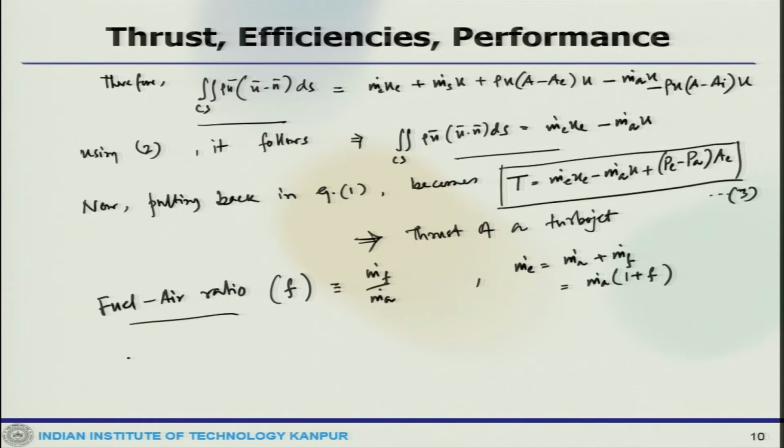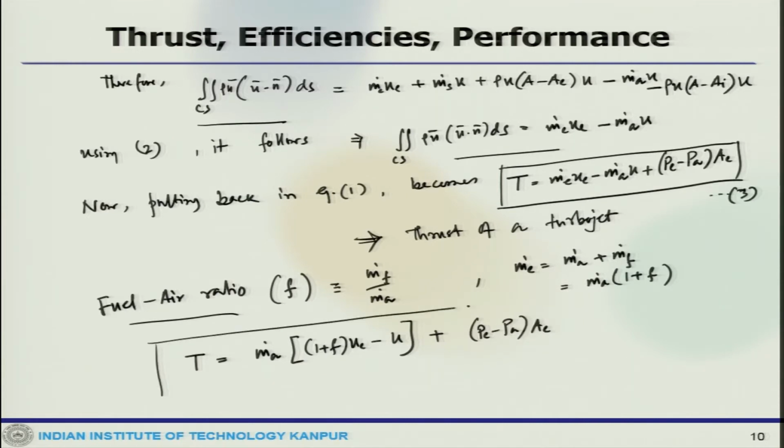Now, using this in the thrust equation, the thrust becomes m dot A into (1 plus F) u e minus u, plus (p e minus p a) into A e. So, given a fuel air ratio, these are the parameters.